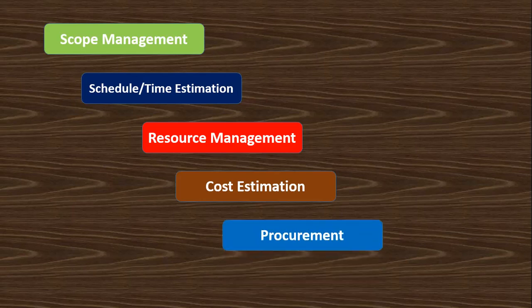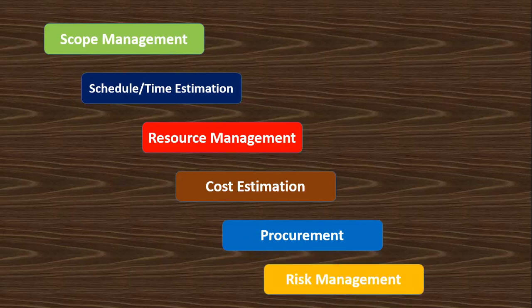Then there are different materials like steel, electric boards, electric panels, crush, cement, concrete, everything you need to procure. For that purpose, you have to study procurement management. And then you have risk management, for unforeseen circumstances. You also have to deal with all those things. So one by one: scope management, time management, resource management, cost management, procurement management, and risk management.